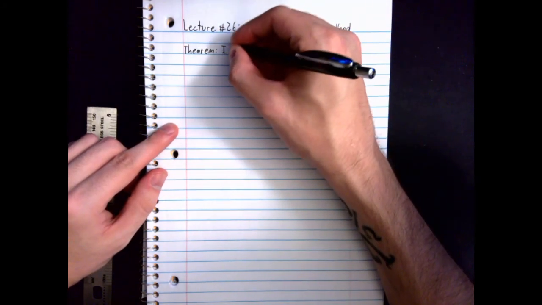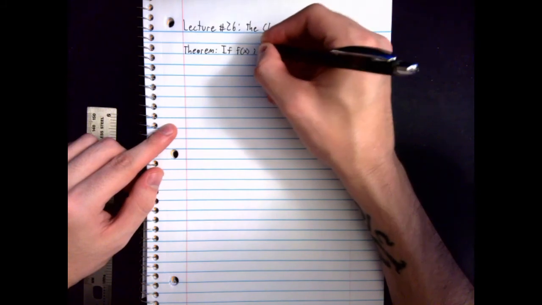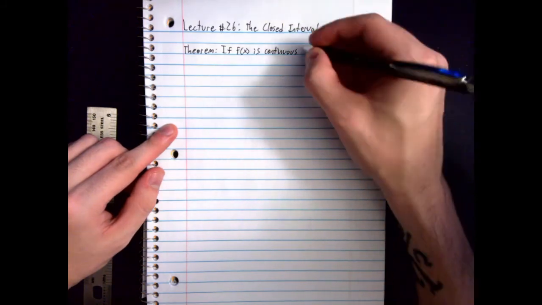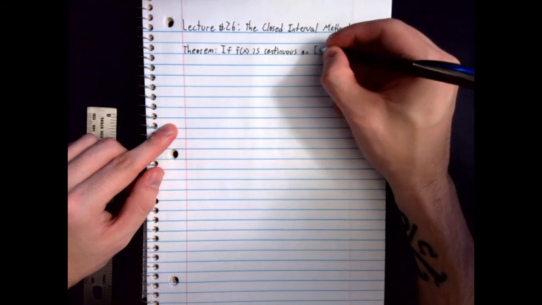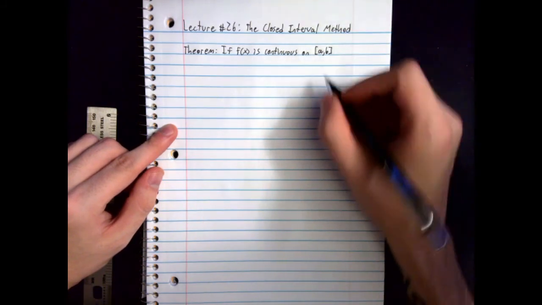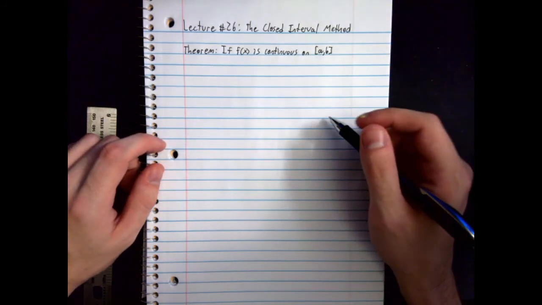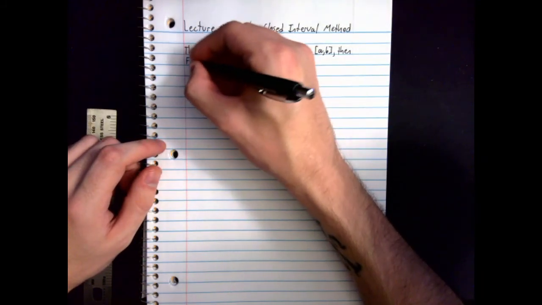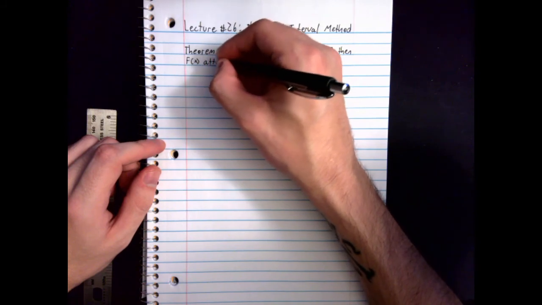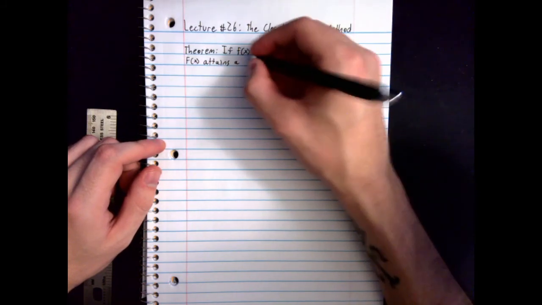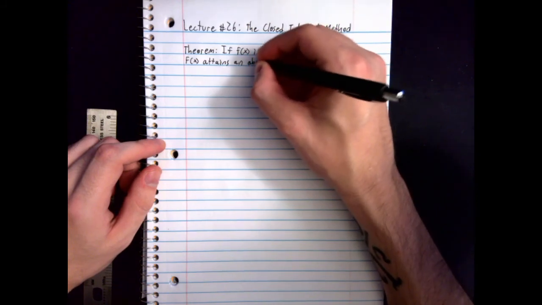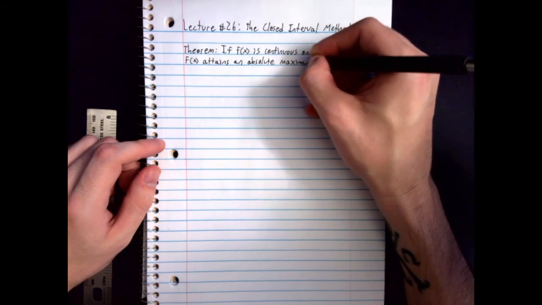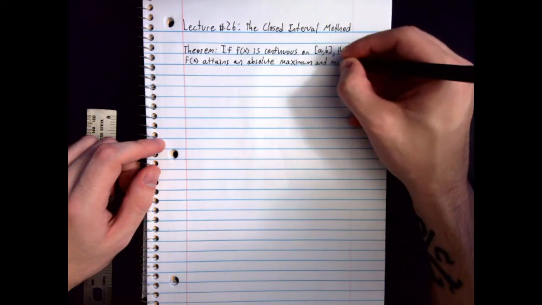If f of x is continuous, and in fact this is the only hypothesis that we need, if it's continuous on the closed interval a to b, so I'm going to include the endpoints and demand that f of x is continuous at the endpoints, then f of x attains an absolute maximum and minimum value.